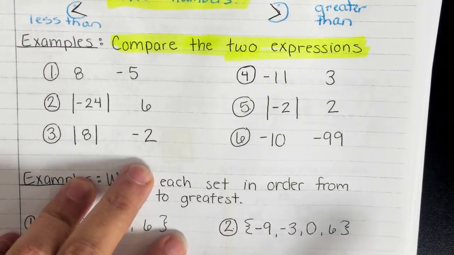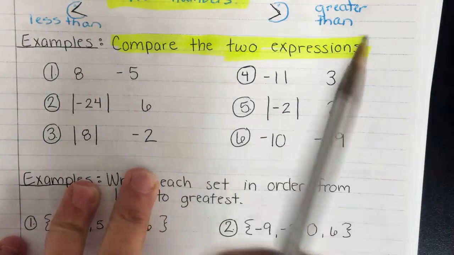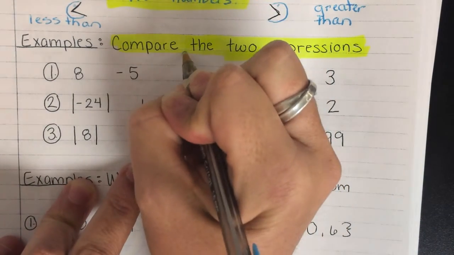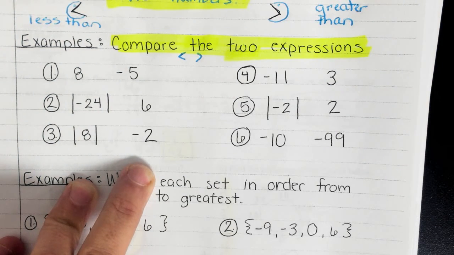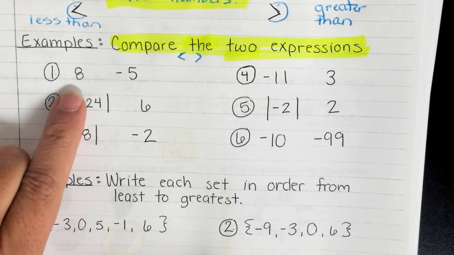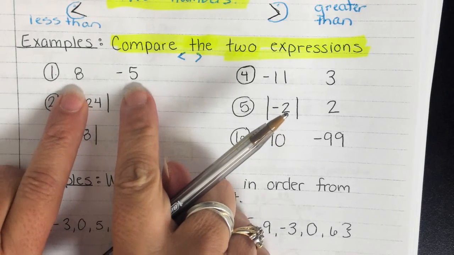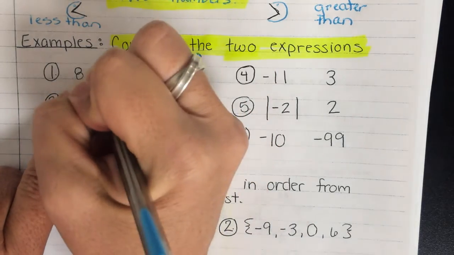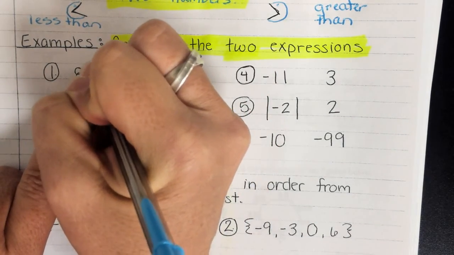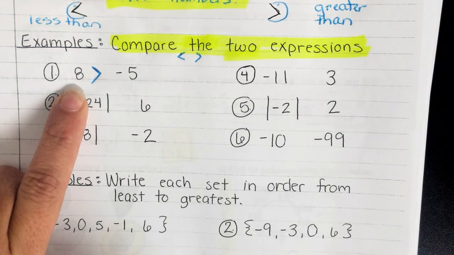So, in the book, it even says, when you do this part, it basically tells you to use these symbols. Okay, so looking at number 1, I've got the numbers 8 and -5. Which one is larger? 8. So my symbol should be facing this way, otherwise known as the greater than symbol.